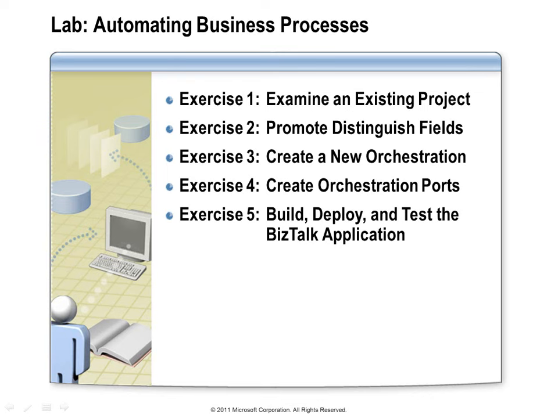One of the more interesting things that you'll be doing here is setting a filter on your receive shapes. So you're going to have one orchestration that only receives cash orders, and this new orchestration that only receives credit orders. You're going to handle that by adding a filter to the receive shape. And then once you've got everything built, you can just deploy it out to the runtime environment and try it out.